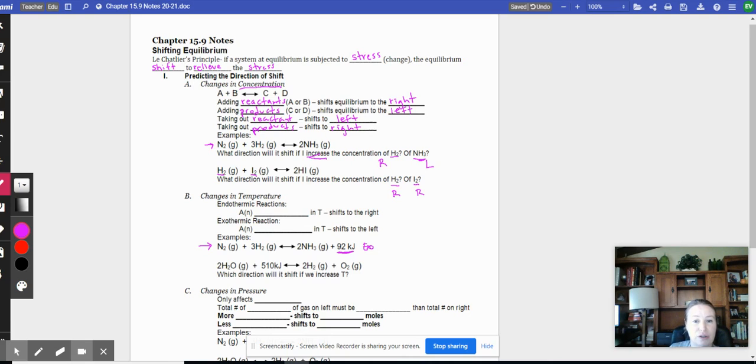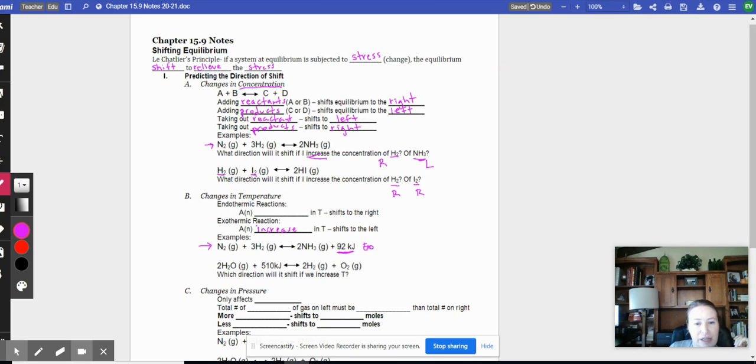So if you are increasing the temperature, what you're doing is you're adding heat. So if I add to the product side, that will shift it to the left. So for exothermic, an increase in temperature pushes that reaction to the left.